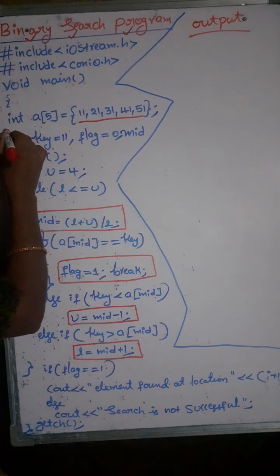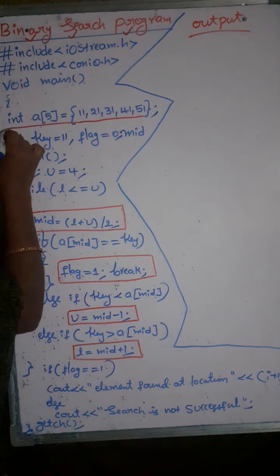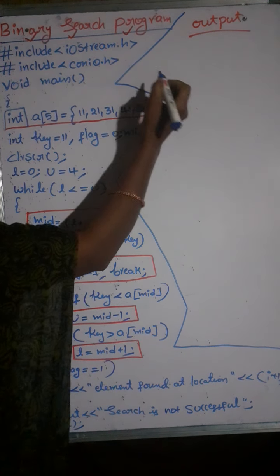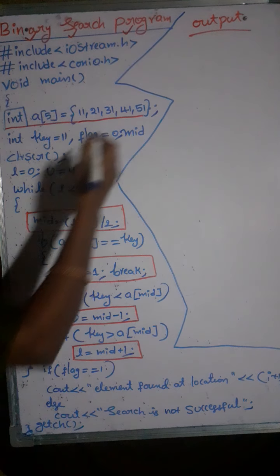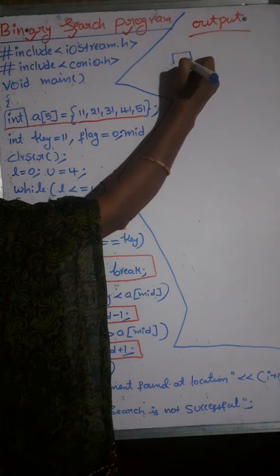So what is the first statement? int a[5] is equal to the set of elements. What is the first word here? int, which is a data type. It reserves 2 bytes of memory.